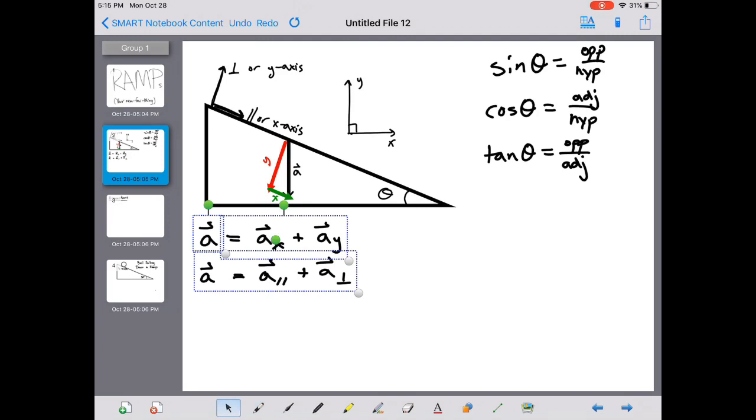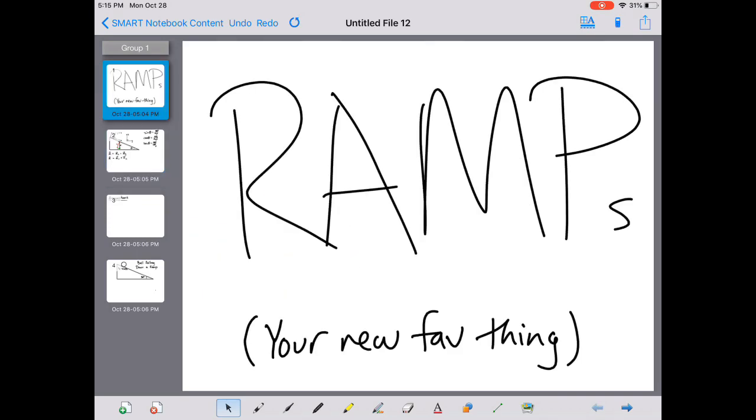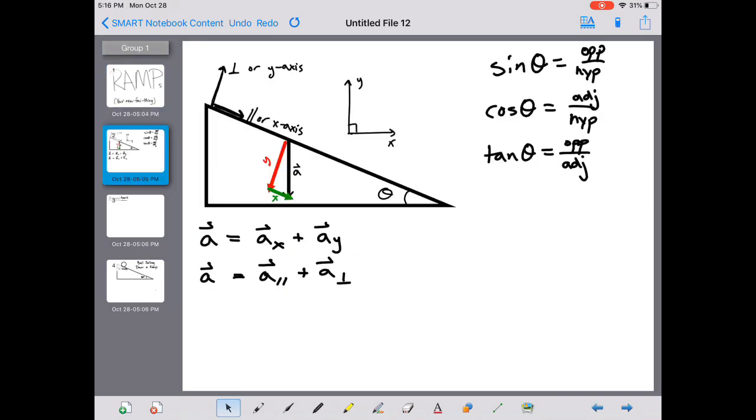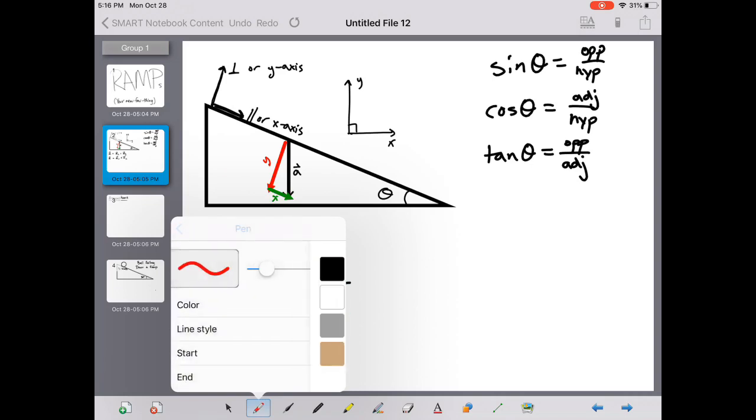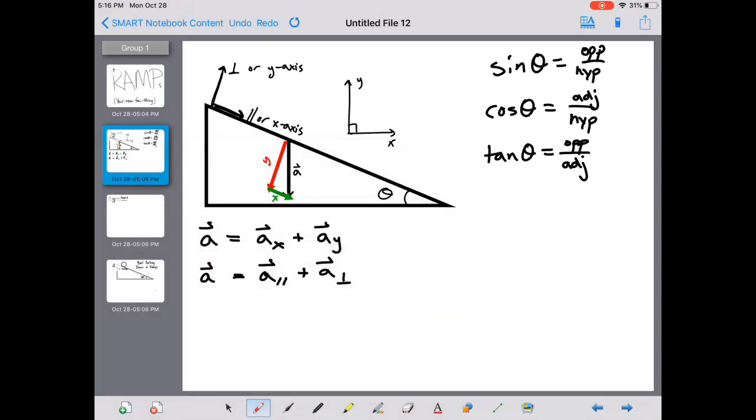So here's what we're going to look at. Let's look at the y direction first here. In the y direction, we've got cosine of theta is equal to adjacent over hypotenuse, which is acceleration in the y over our total acceleration.